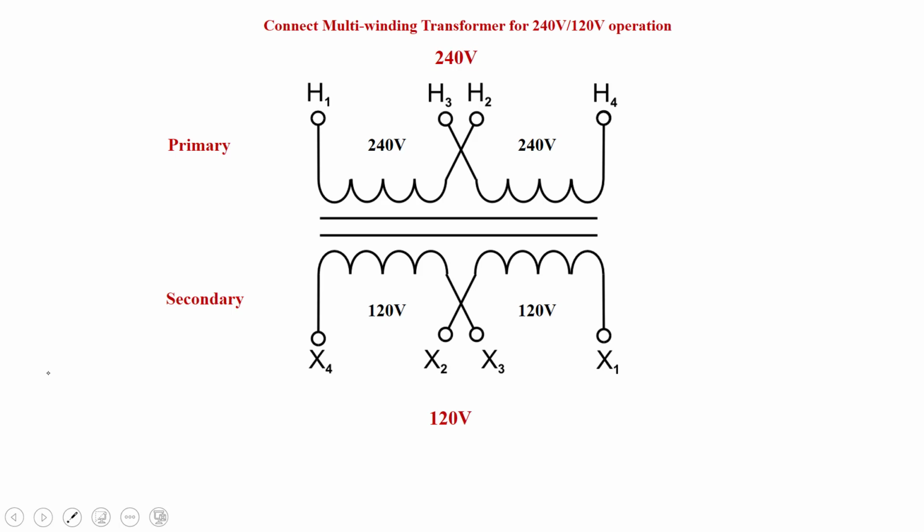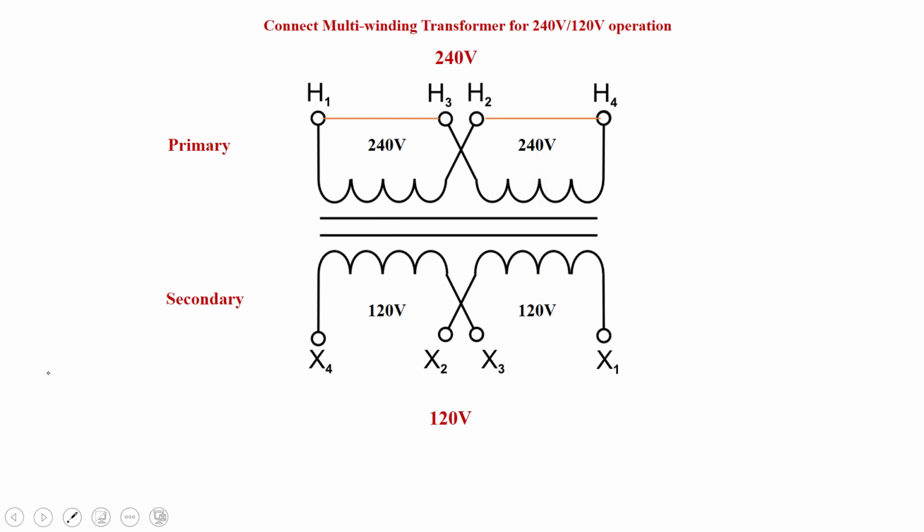Well, each winding here is rated at 240 volts, so we want the maximum voltage on each one. Therefore, we would have to do the parallel connection on the primary. Now, by doing the parallel connection, each winding sees its rated 240 volts. It's going to induce 120 on the secondary on each winding.